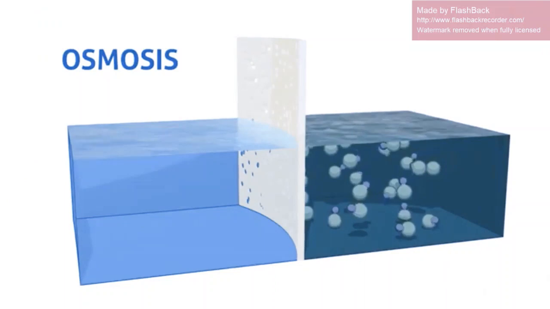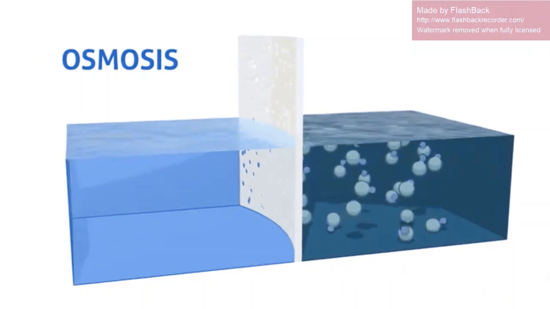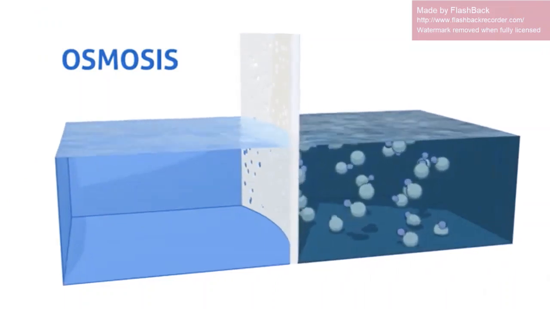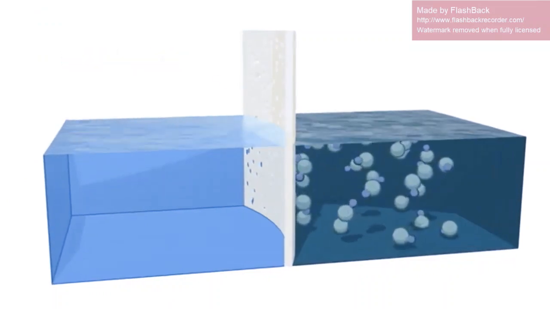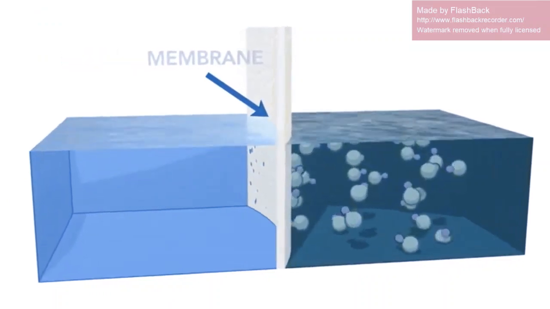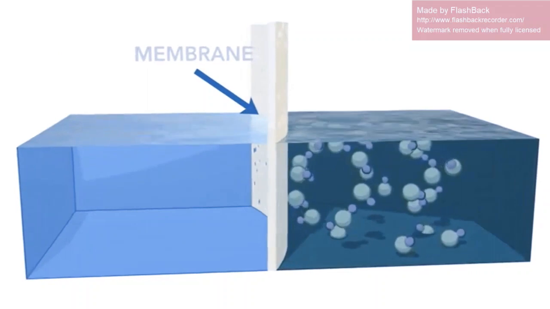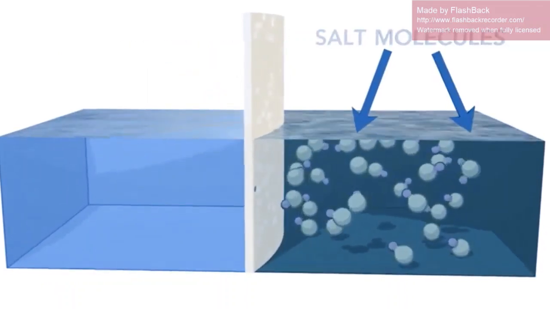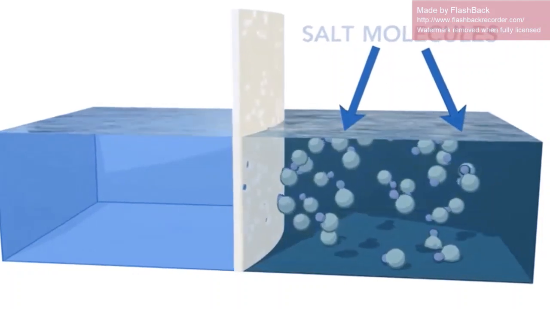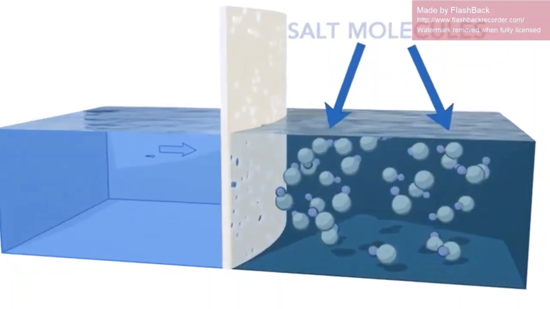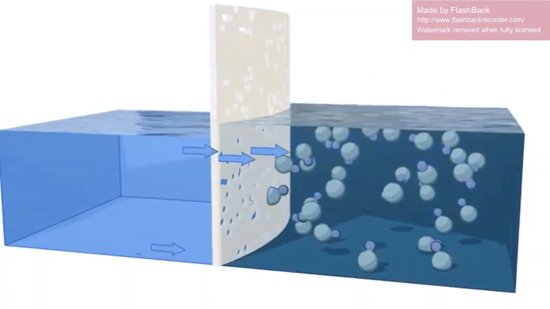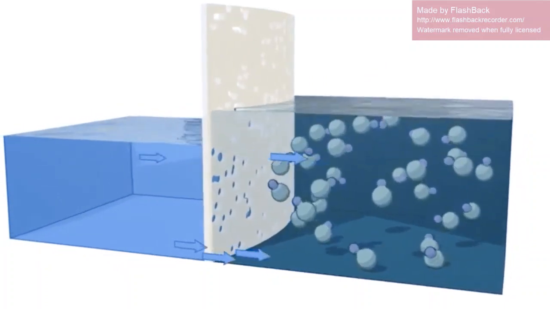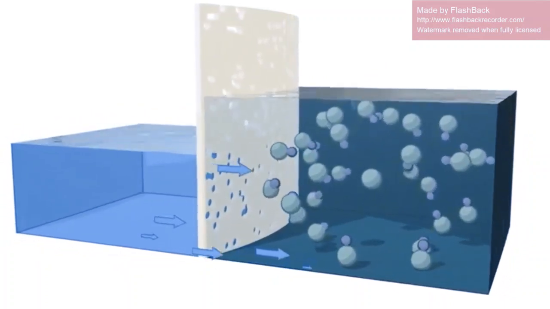Osmosis is a naturally occurring process in which a liquid, such as water, spontaneously passes through a membrane. The membrane or semi-permeable barrier allows some molecules, like water, through, but other molecules, like the majority of salts, are unable to easily pass through the membrane structure. The flow of liquid through such a membrane occurs naturally to try and even out the salt concentrations between the two solutions.